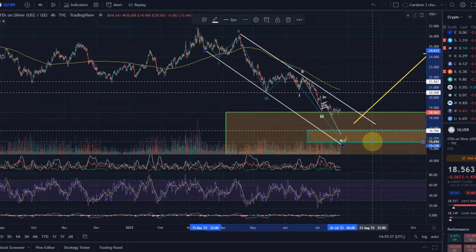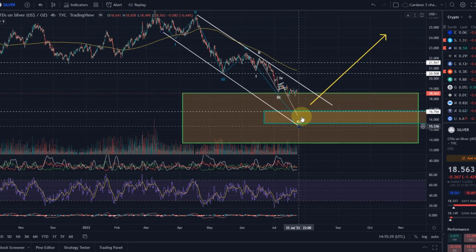But if we draw a larger channel, you can see that we still have massive space to the downside. And we could, without a problem, do something like this from a wave 2 to the wave 3 and just drop down here to the lower support of that channel, and that would pretty much work out in line with this smaller target area, that $15.60 level.